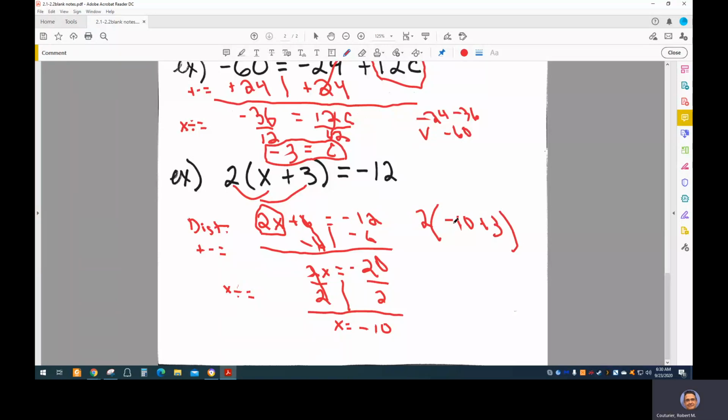So negative 10 plus 3 is what? Negative 10 plus 3 is going to be minus 7.